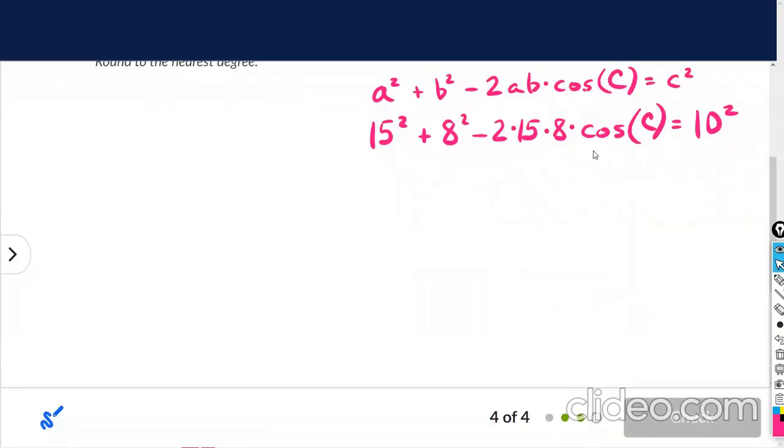Now this step here, you can do it in as many steps as you like. I'm going to try to keep it condensed. First, we want to isolate cosine of C and then solve for C. So before I even get to the calculator, I'm going to subtract 15 squared and 8 squared from both sides of this equation.